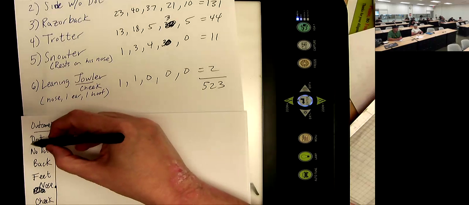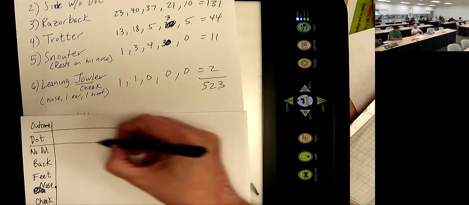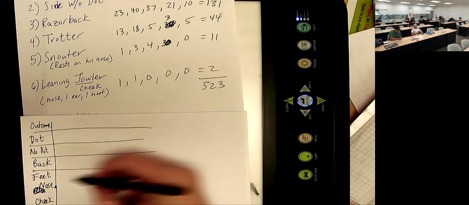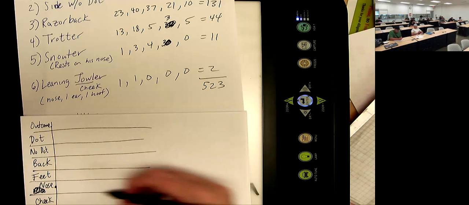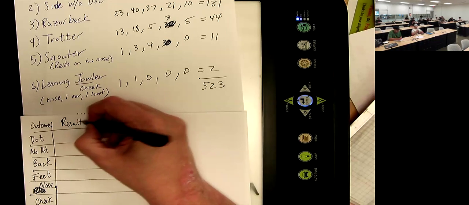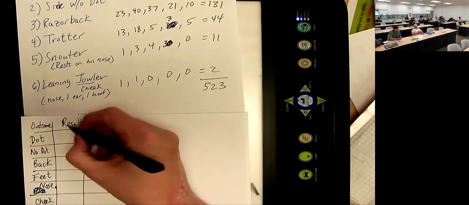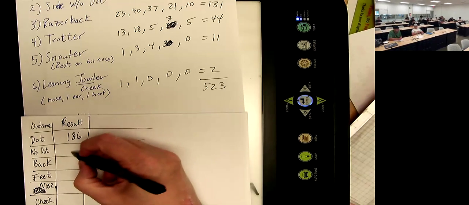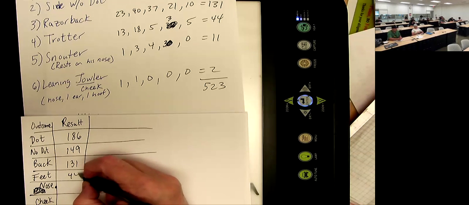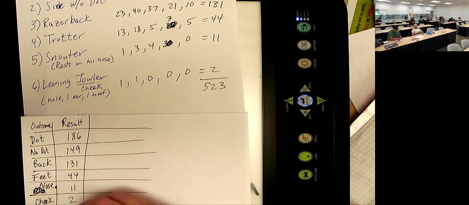That's shorthand for what we got there. I'll put one with my result. We had 186, 149, 131, 44, 11, and 2 for a total of 523.